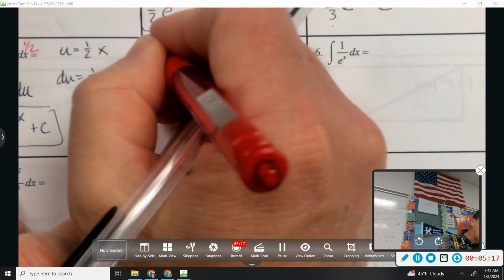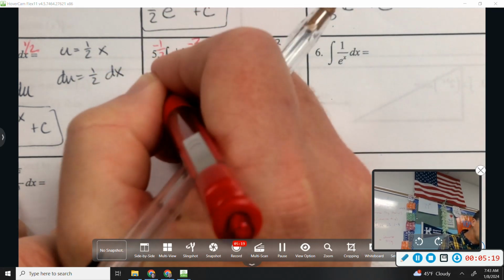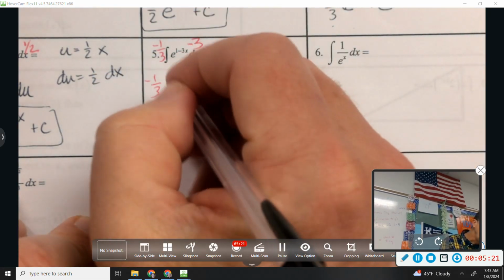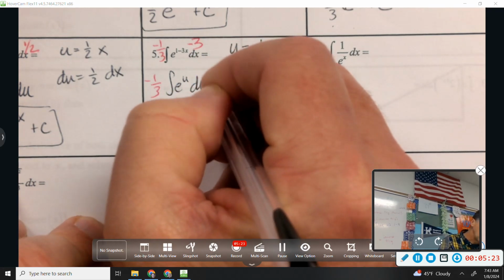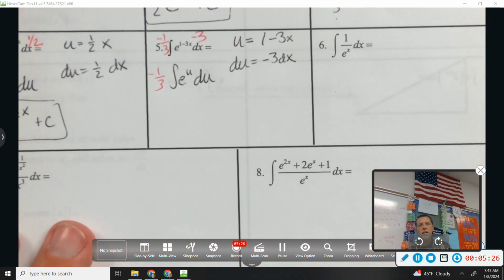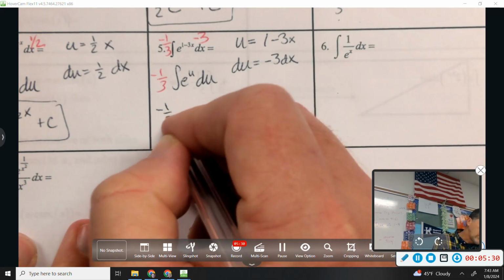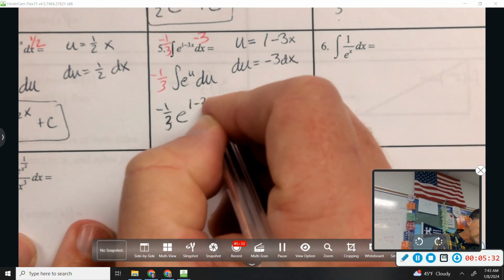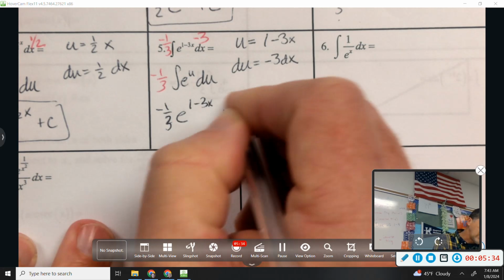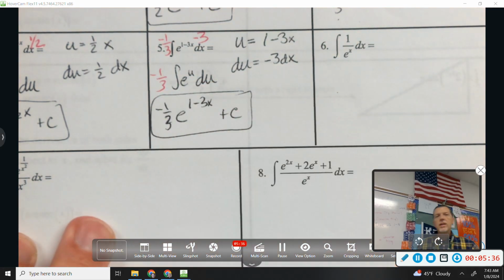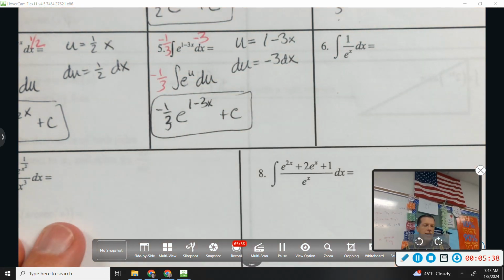So negative 3 and negative 1/3. Negative 1/3 e to the 1 minus 3x plus c. Pretty much u is going to always be the exponent of e.